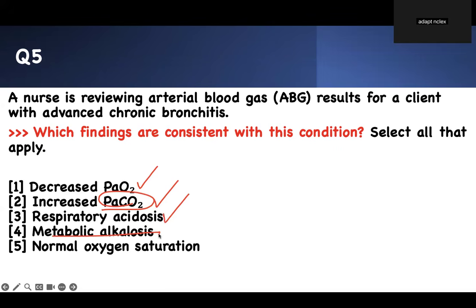They don't have metabolic alkalosis, and your oxygen saturation is low, 88 to 92. Therefore, 1, 2, 3 are your right answers. That was COPD pathophysiology, mechanism, teaching, pharmacology, and of course, select apply, 5 questions to synthesize the difference between emphysema and bronchitis.